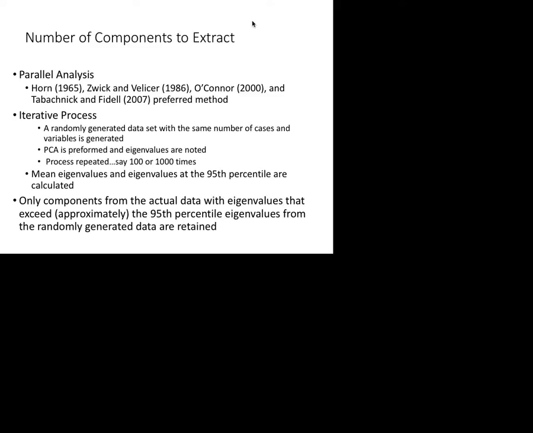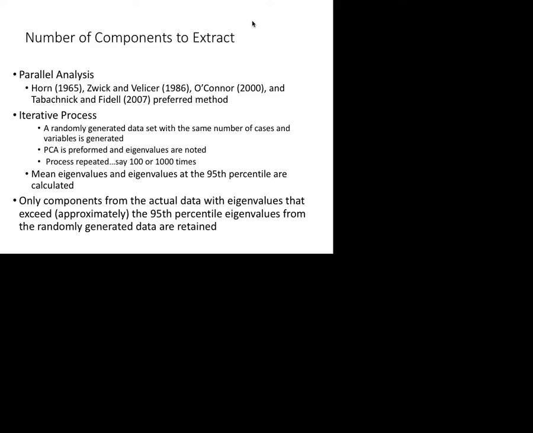What it does is we give the parallel analysis a couple of inputs, and it uses a random number generator, a pseudo-random number generator that SPSS has built into it. And it generates a set of data that's the same dimension as our data.